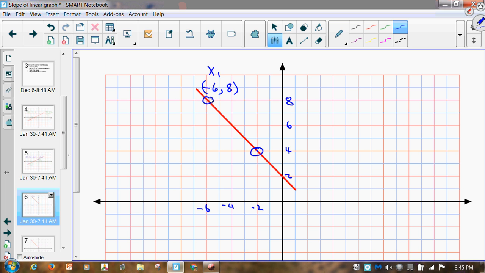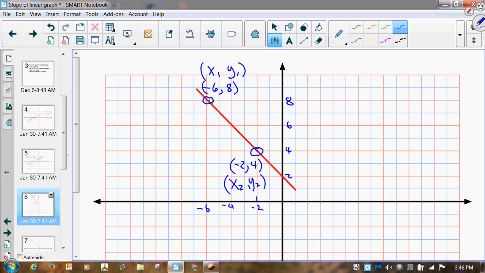So this is x1, y1, and our x2, y2 is going to be at -2 on the x, right here, -2, and we're at 2, 4. We're at +4 on the y, and this is our x2, y2, and that's our coordinate pair for that.